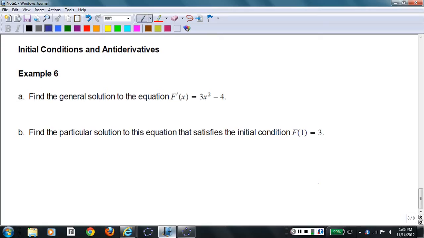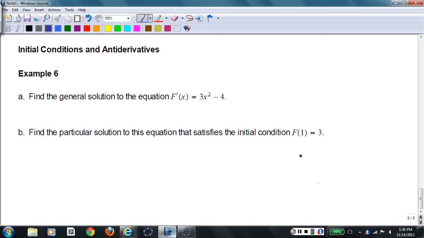A general solution would be the set of such functions that may satisfy this. A particular solution would be any one solution, but we want the particular solution that satisfies this initial condition, kind of a starting point where we have a specified value for the function that we're looking for at a particular number in its domain.